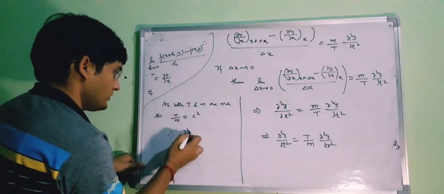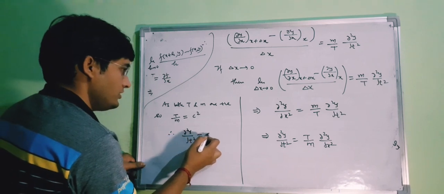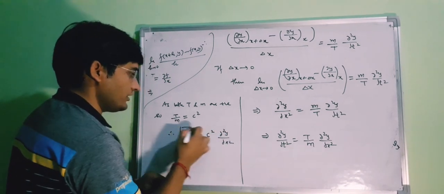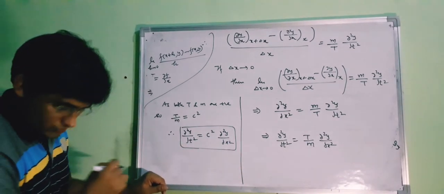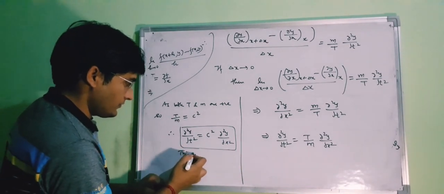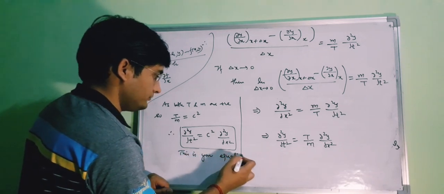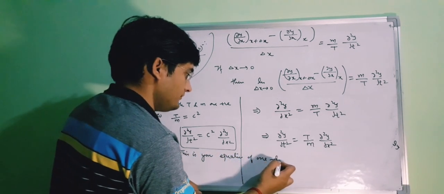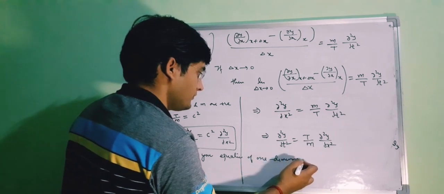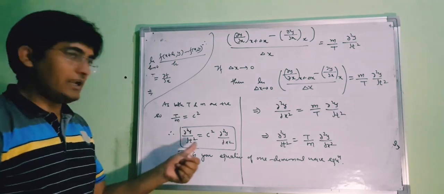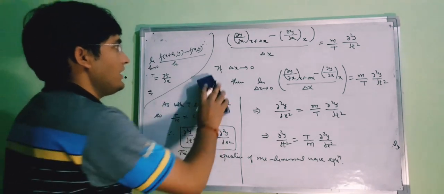Therefore, del 2 y upon del t2 equals c square del 2 y upon del x2. This is known as the equation of the one-dimensional wave equation.